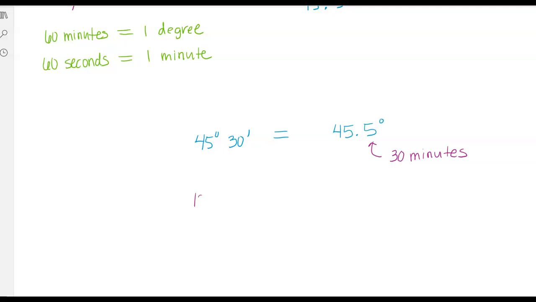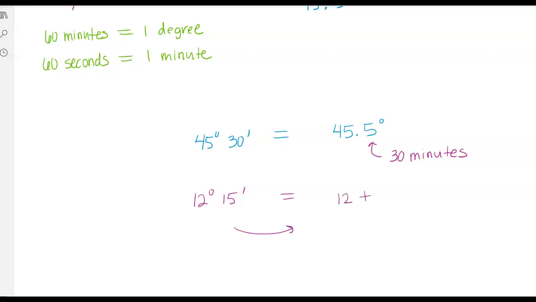Suppose I have 12 degrees, 15 minutes, and I want to change it to decimal degrees. Most of the time we go in this direction because we're going to enter it into a calculator and we want the decimal version. So the calculation I'll do is 12. The number of total degrees stays the same.